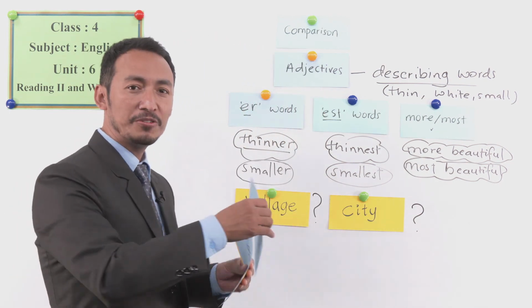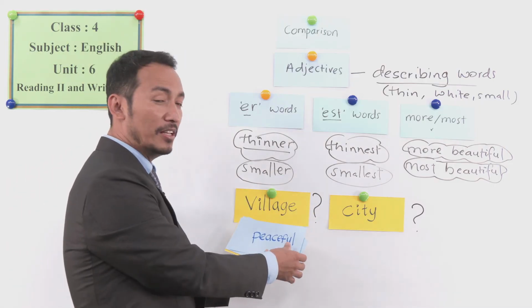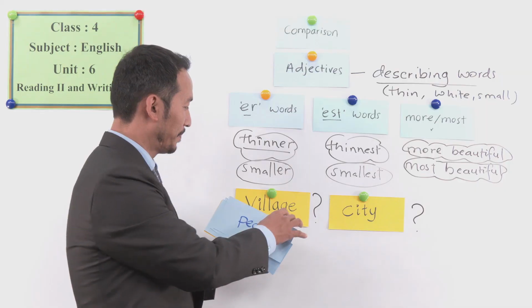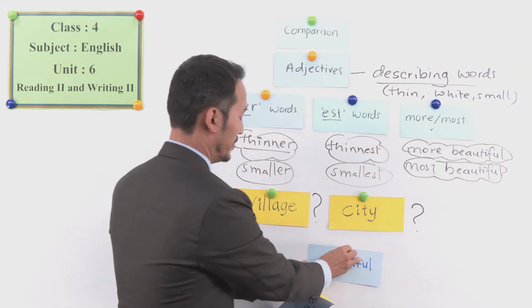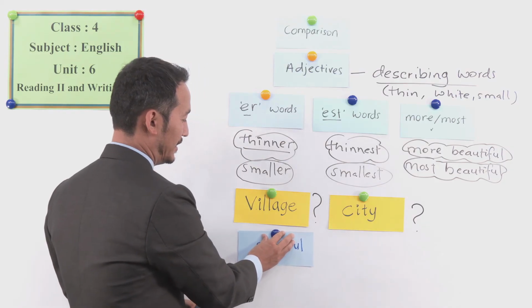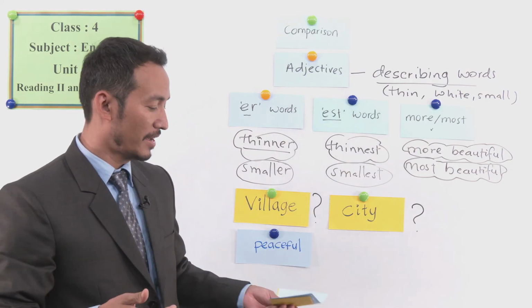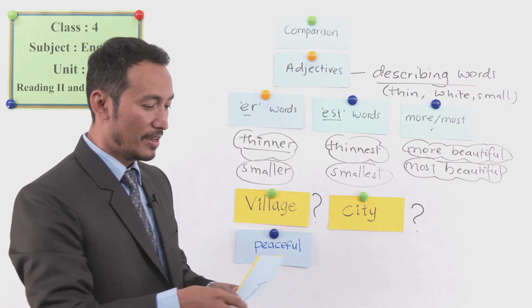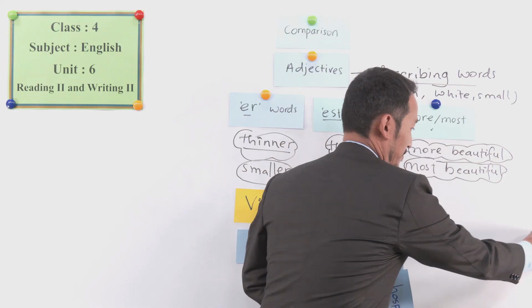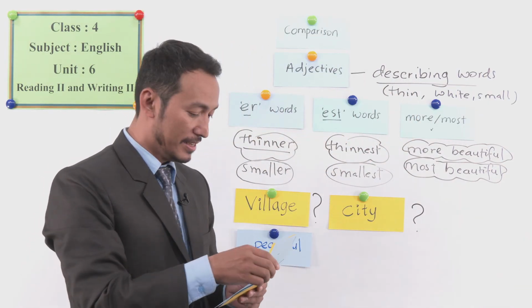Let me show you some of the things. For example, which one do you think is peaceful? Is it village or city? Yes, definitely village is more peaceful than city, right? So that can be a good quality to live in a village.